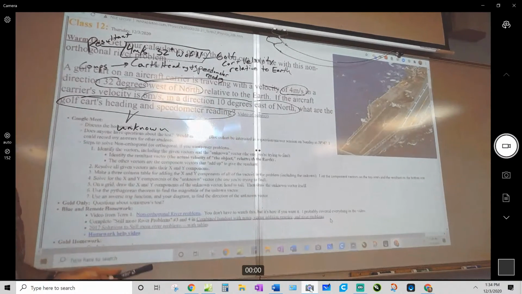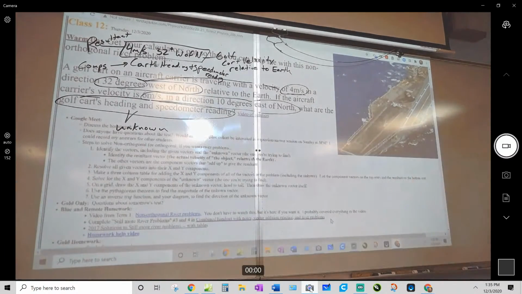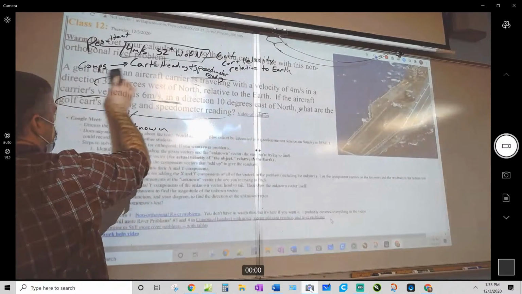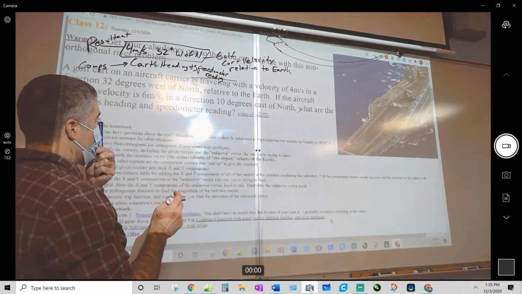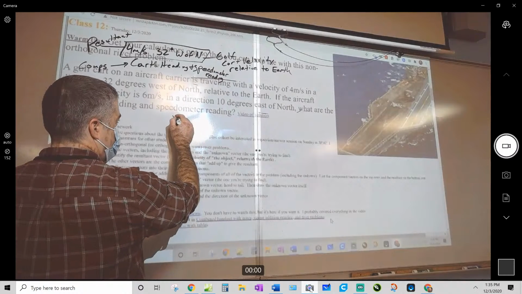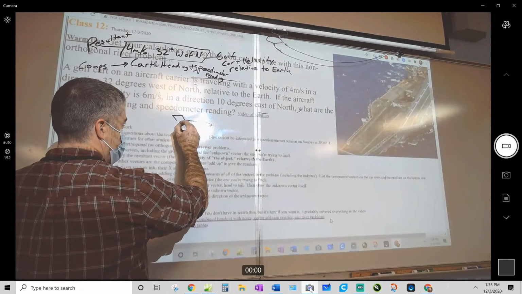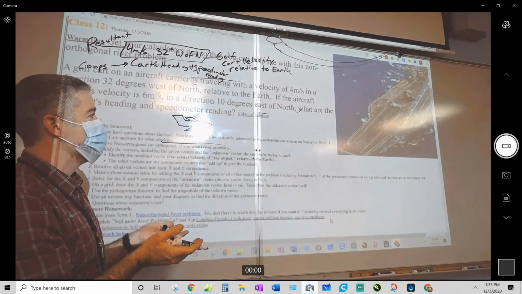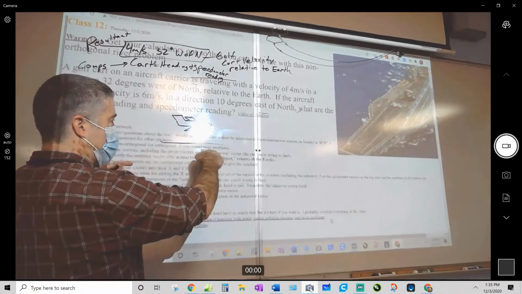One thing that I sometimes spend a lot of time on but haven't really talked about in here is the idea of airspeed with an airplane. And if you watched one of my videos that I made accessible to you, I talked about that. So airspeed, if you have an airplane, is the speed of the airplane relative to the air. So there's airspeed and there's ground speed. Ground speed is the actual velocity relative to the ground below.